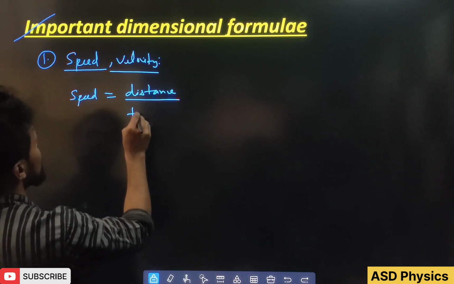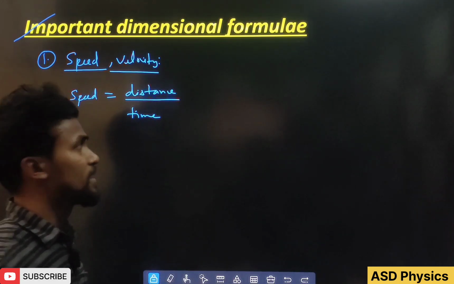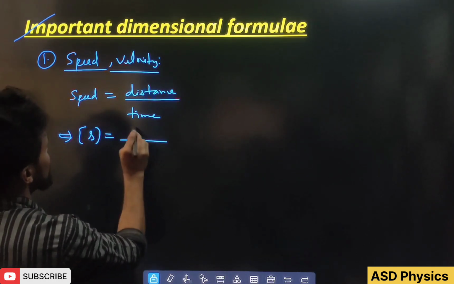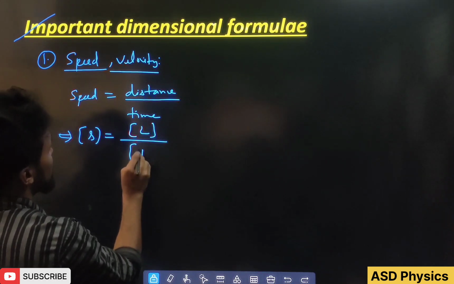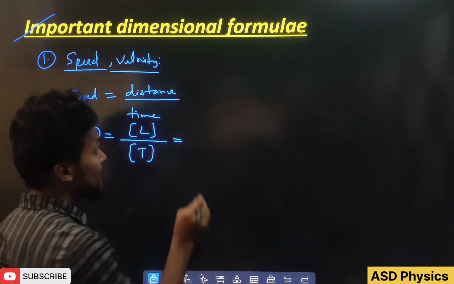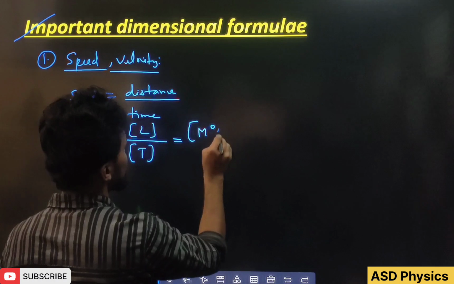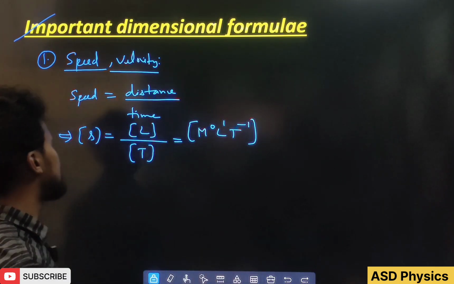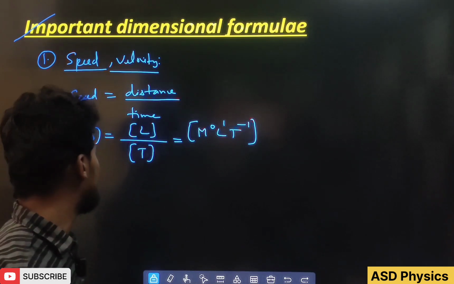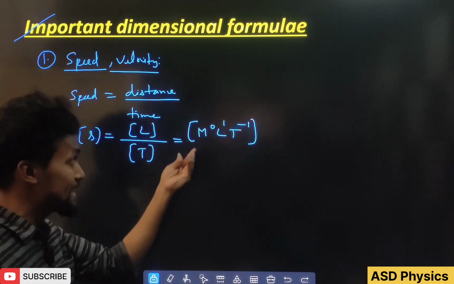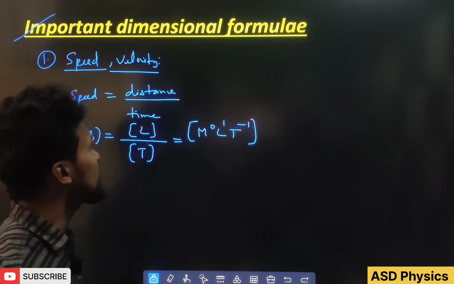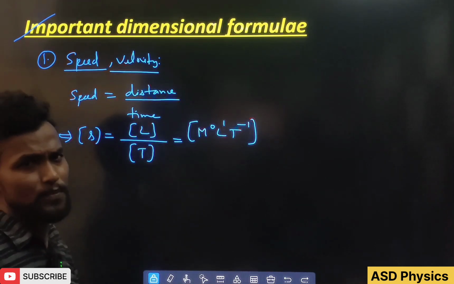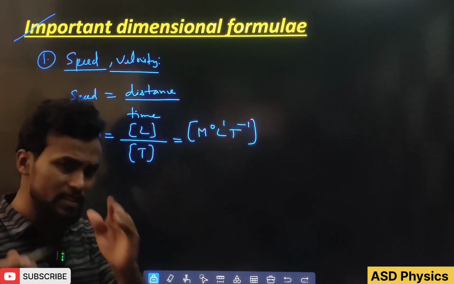So speed S equals distance L and time T, so we can write LT minus 1, or in standard form M0 L power 1 T power minus 1. That means dimensions of speed are 0 in mass, 1 in length, and minus 1 in time. Even the same for velocity, which means displacement by time, and here also the same dimensional formula will be there.